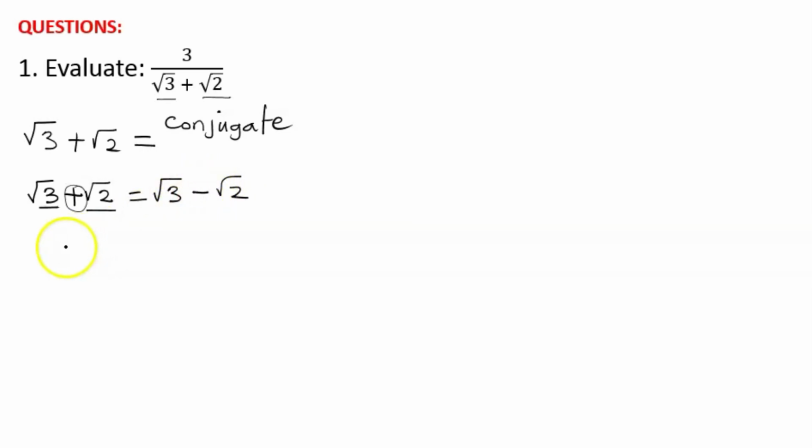All right, so what do I do now? I will multiply both the numerator and the denominator by the conjugate of the denominator. So that's what you do.